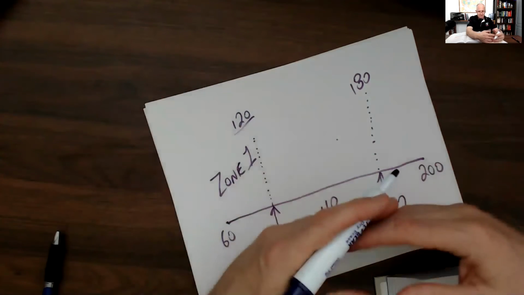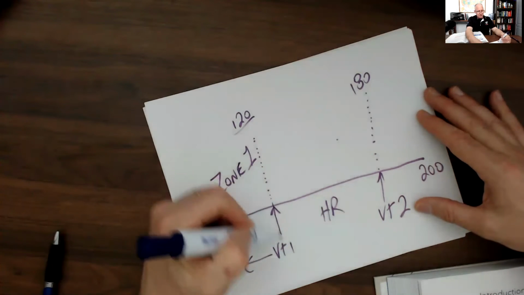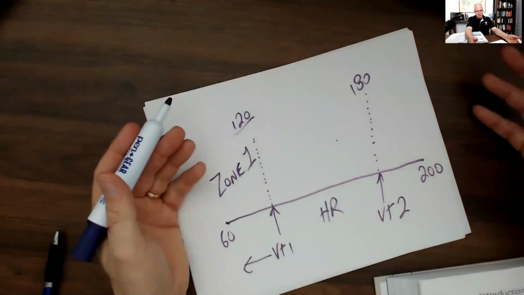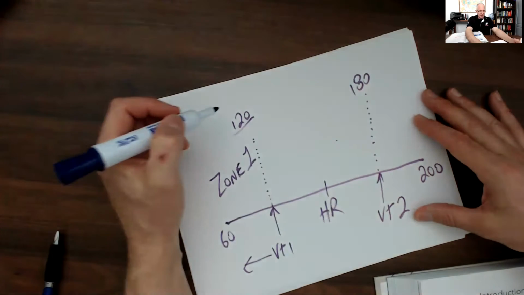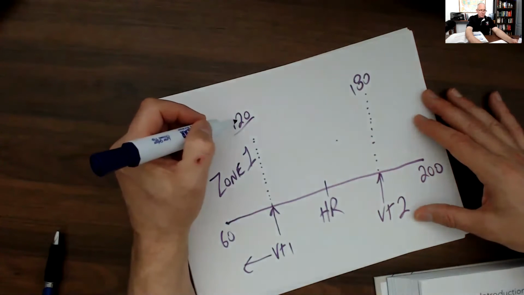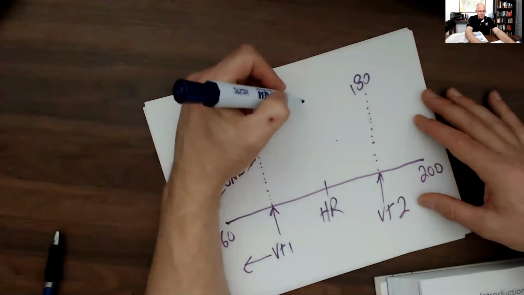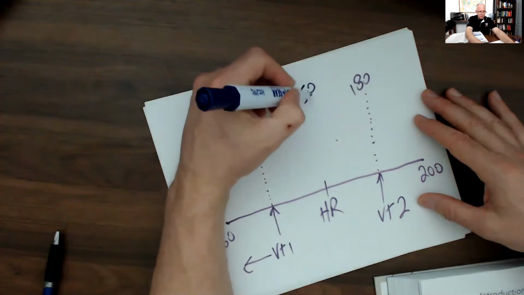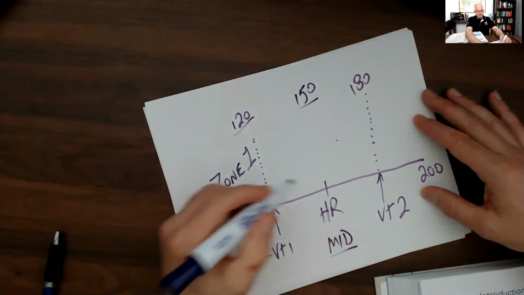Now what we do, it's a piece of cake. And this is how stage training works: we know what VT1 is, we know what VT2 is because we tested it. Now we go halfway in between, right? 120, 180 is going to give us what? 300 divided by 2, it's going to be 150, right? So 150 is the midpoint, right?